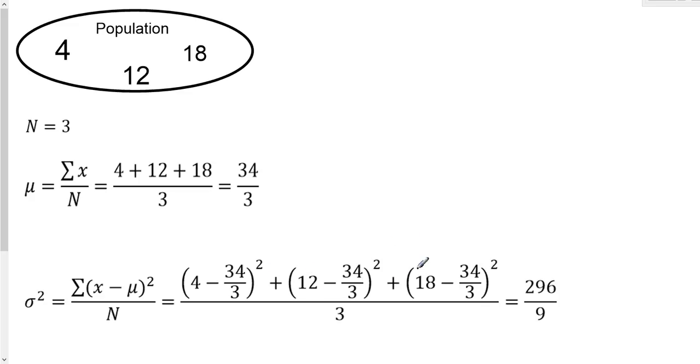I square the results, add them all up, and divide by 3. I get 296 over 9 for the population variance. So I've calculated the population mean, mu, and the population variance, sigma squared, from my population of 3 workers here.